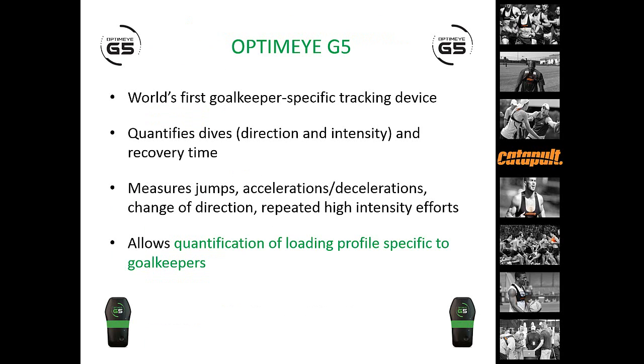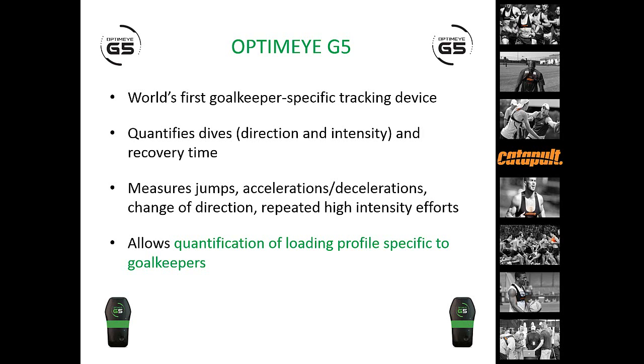So what Catapult developed is the new optimized G5, which is the goalkeeper unit. Now this is specifically looking at using these types of parameters that we've mentioned briefly before. What we'll look to do from now on is use this device to quantify things such as the dive, so not only direction, left and right, but also the intensity of the dive, the actual force that the goalkeeper hits the ground with in G's.